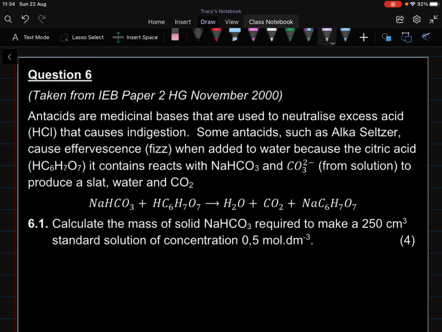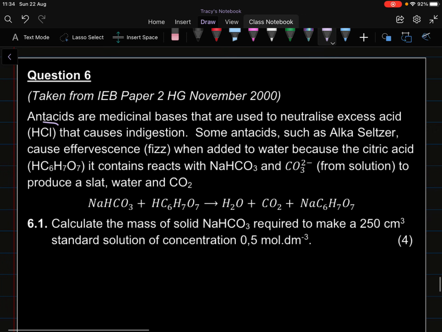Question 6 of the worksheet is taken from the IEB Paper 2, Higher Grade, November 2000. Antacids are medicinal bases that are used to neutralize excess acids, specifically HCl that causes indigestion.